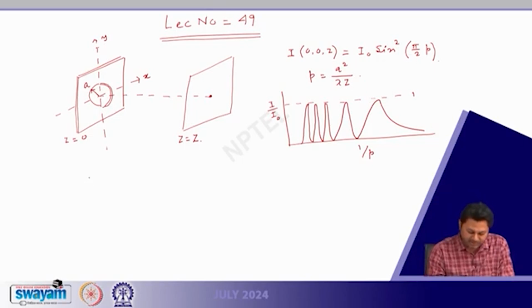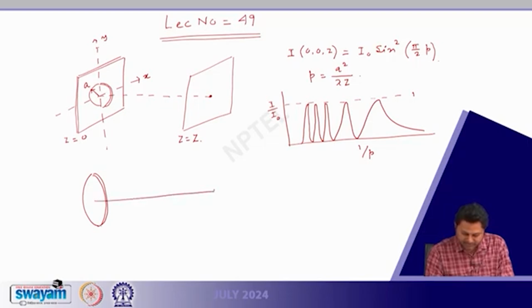Last day we tried to discuss this. Suppose this is the aperture we are talking about, this is the z axis, and this is the point P over the z axis.